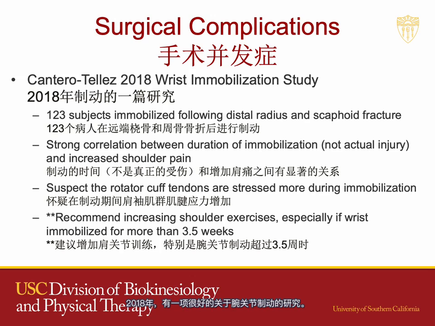In 2018, there was a pretty good study about wrist immobilization. So this was 123 subjects. They were immobilized for two different kinds of fractures. So distal radius fracture and scaphoid fracture separately, okay? So they had one or the other.